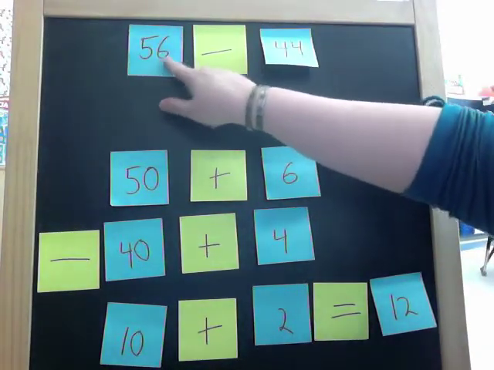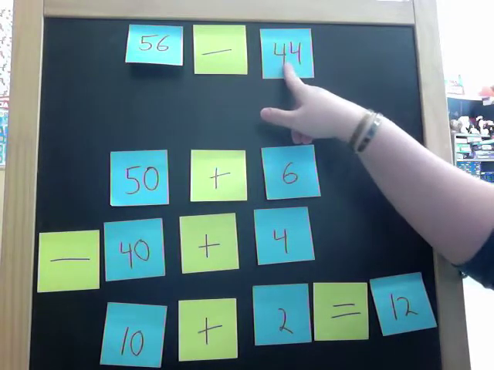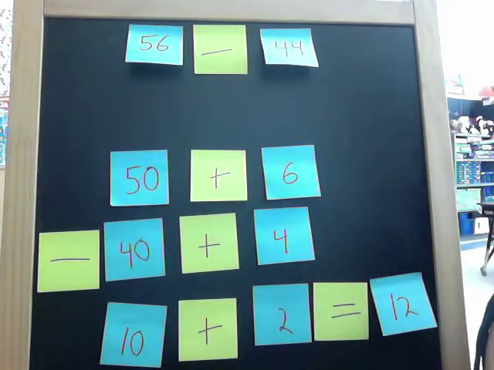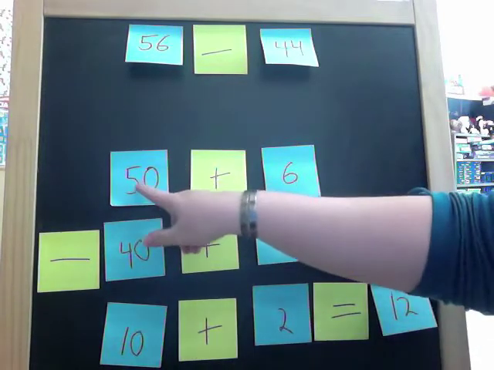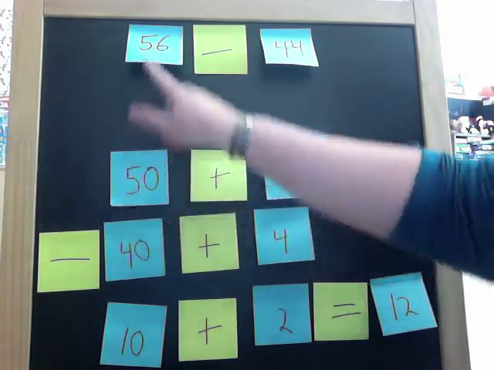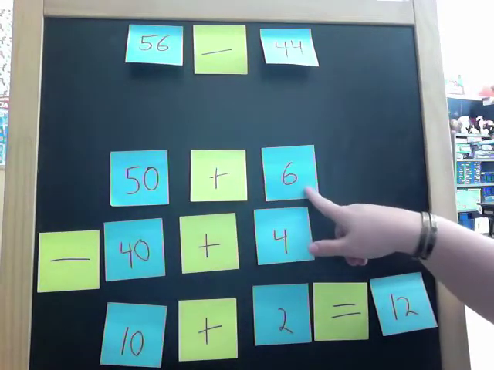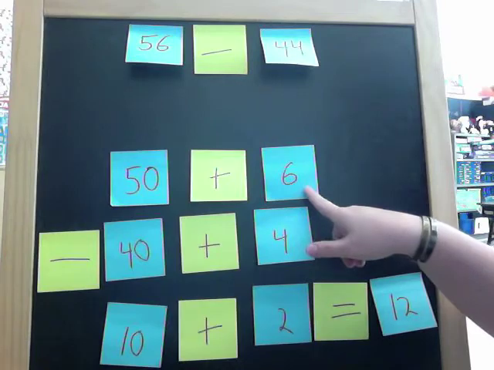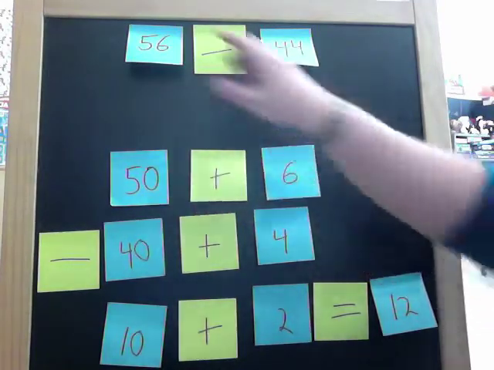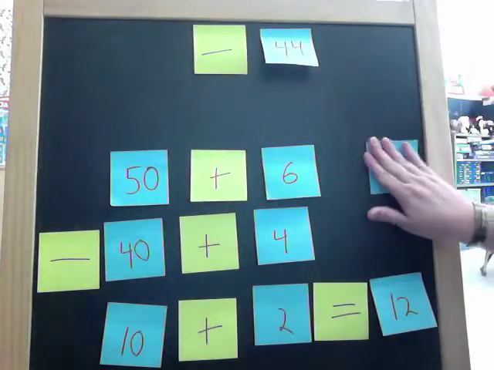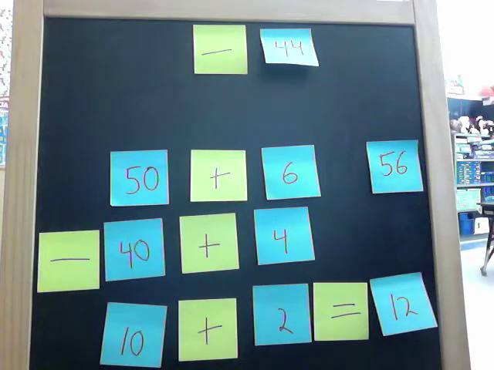So we started with 56 minus 44. We broke them down, or we expanded them for some expanded notation to the tens. So that was 50 because there's a 5 in the tens column, and 6 because there's a 6 in the ones column. Because if we added 50 plus 6, it would equal 56, right?